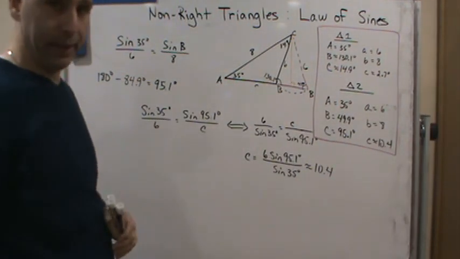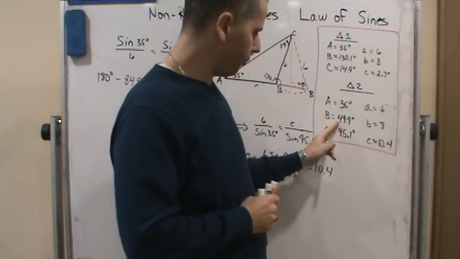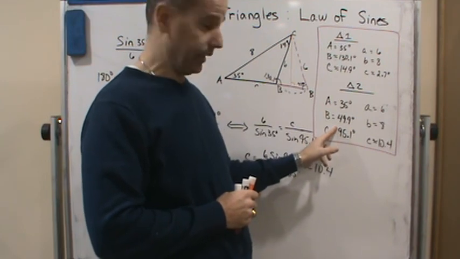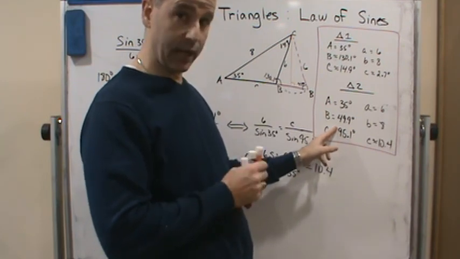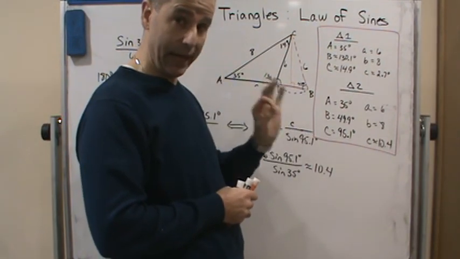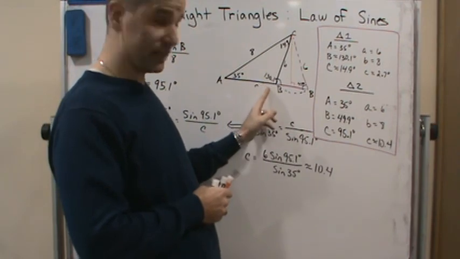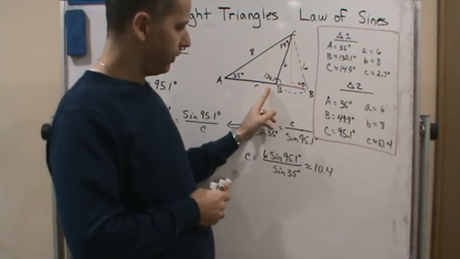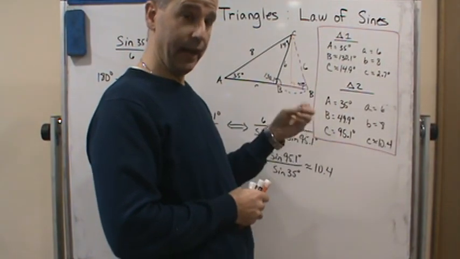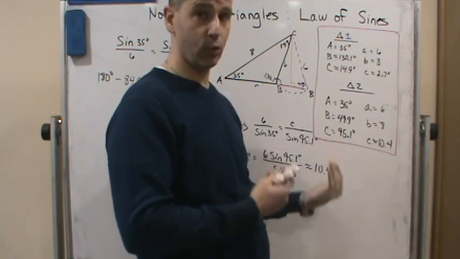You have to be aware, because if you just went with your first answer from the calculator, your calculator will always give you the acute angle. But from the picture, this looks like an obtuse angle. So you've got to be careful, because in this case there were two separate solutions, and this one up here is the correct solution. This one down here would have been the wrong solution.